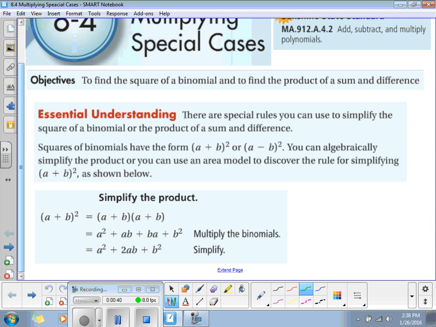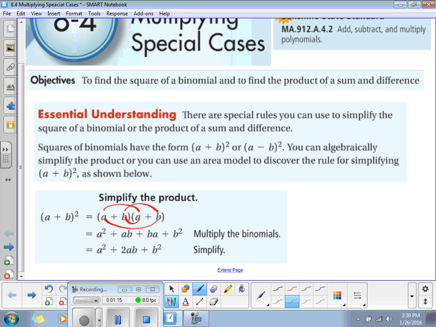If I use the FOIL method, first, outer, inner, last, then we have a times a, which is a squared. Then outer, a times b, which is ab. And then inner, b times a, which is ba. And then last, b times b, which is b squared.